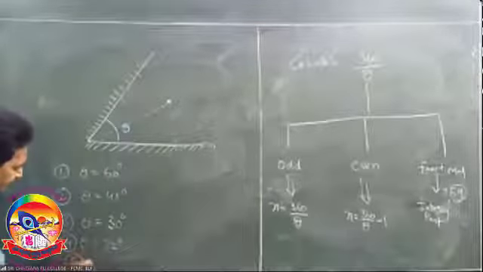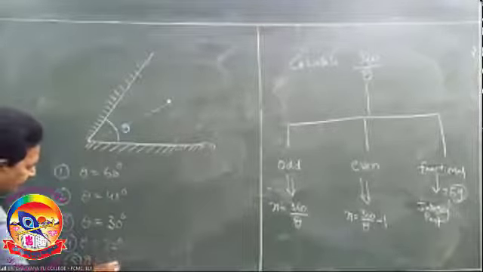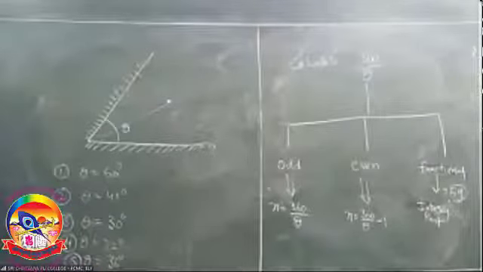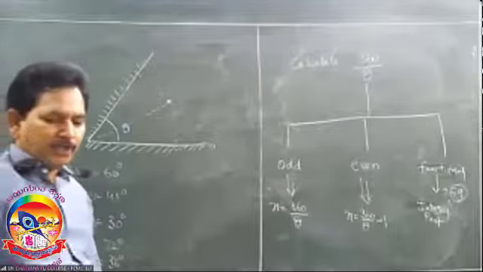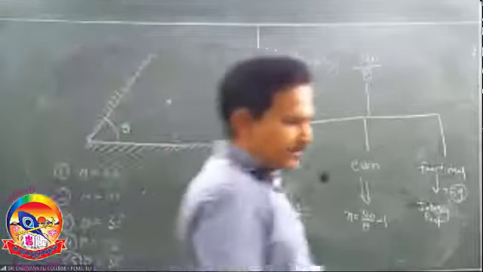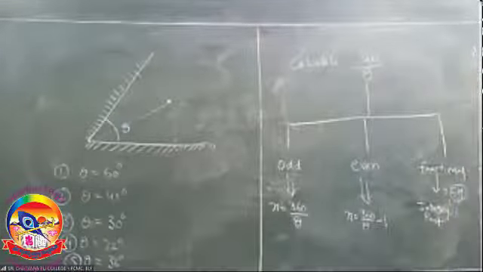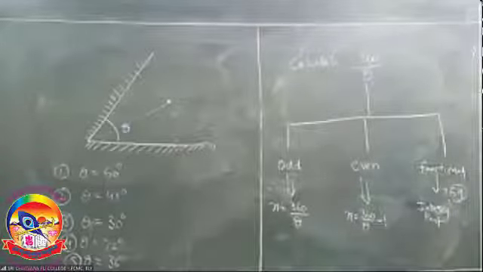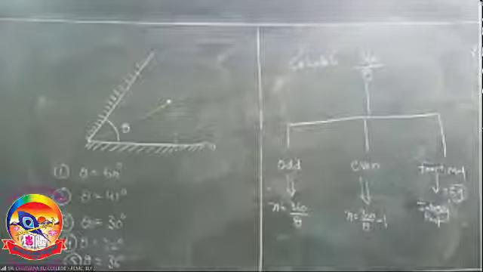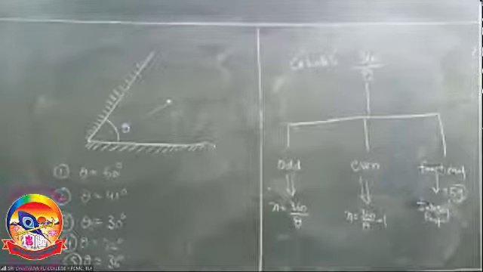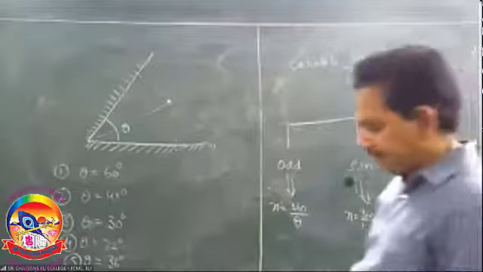Fifth one, 36 degrees. Whatever may be the value, once we know the method, we can solve the problems.